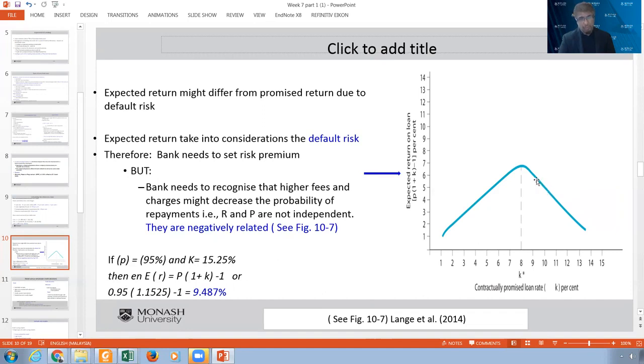So the probability of payment here will drop, and your expected rate of return will also drop. So you have to understand this graph from this perspective. In this case, the best you can charge is actually 8%. This is the second technical point.